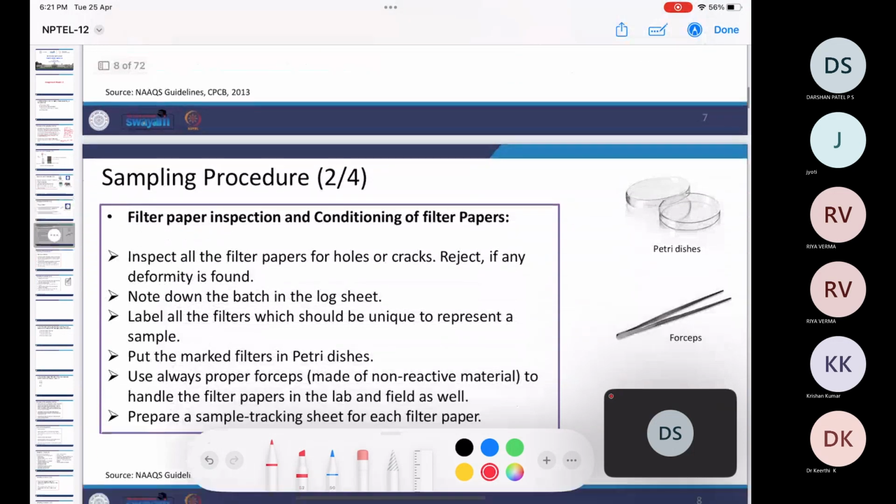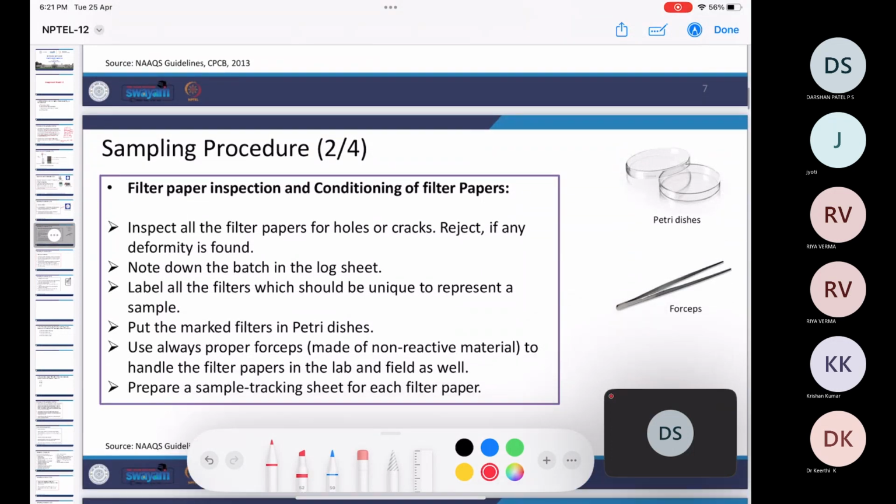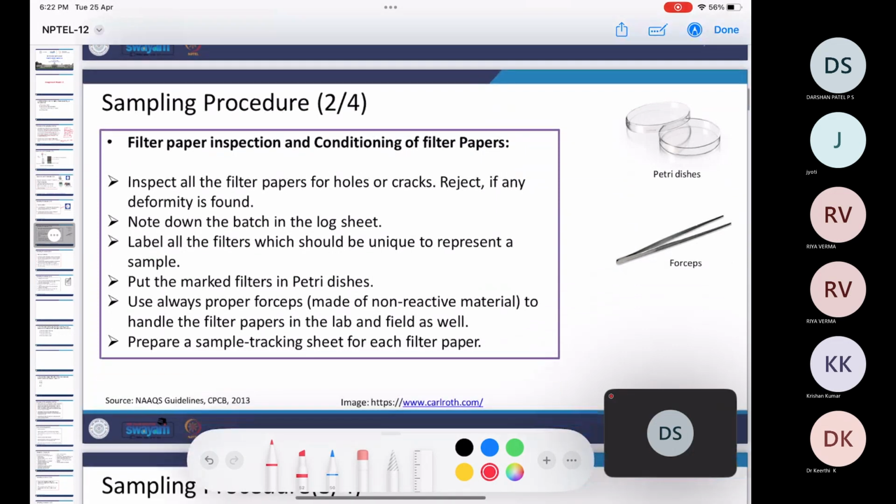Now, next is filter paper inspection and conditioning of filter papers. First of all, we need to visually inspect all the filter papers for holes or cracks. If any paper has any kind of deformity, holes or cracks, we need to remove that. Now, note down the batch in the log sheet.